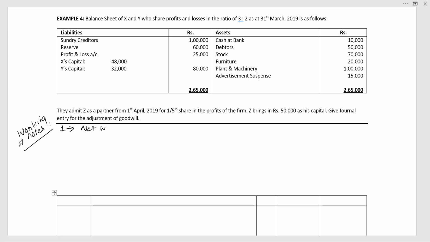Net worth of the firm based on Z's capital is equal to the capital of Z, which is rupees 50,000, multiplied by the reciprocal of his share, which is 5 divided by 1, and we get rupees 2,50,000.